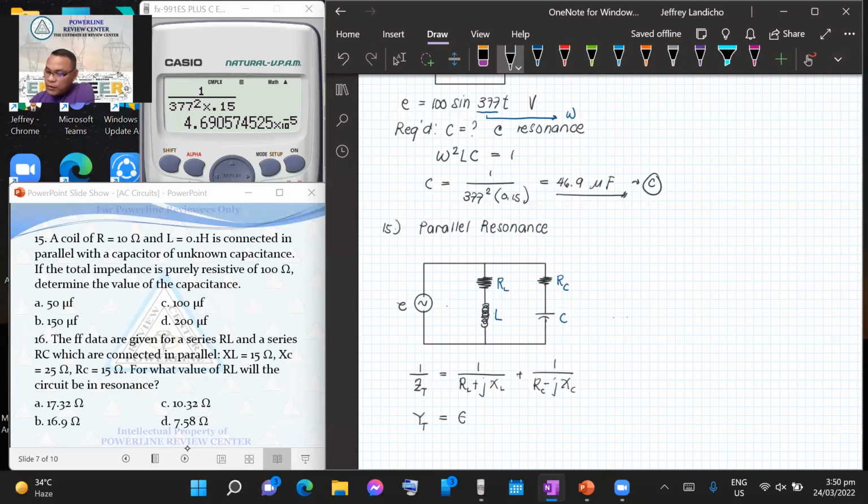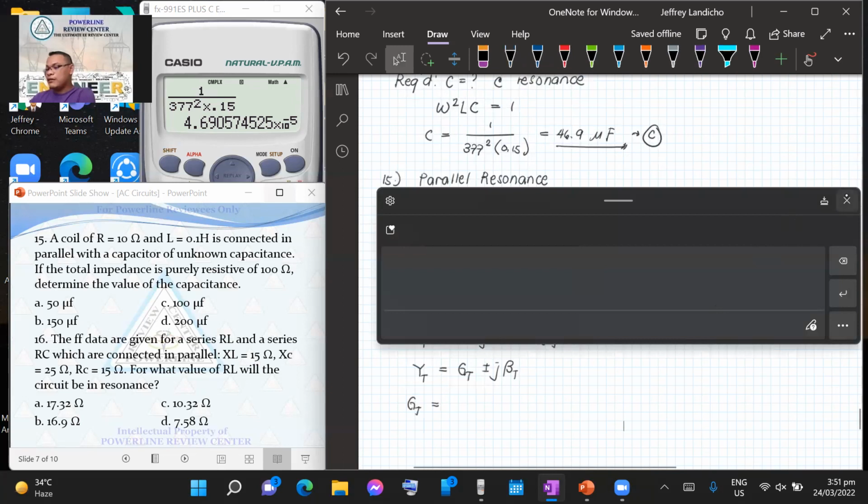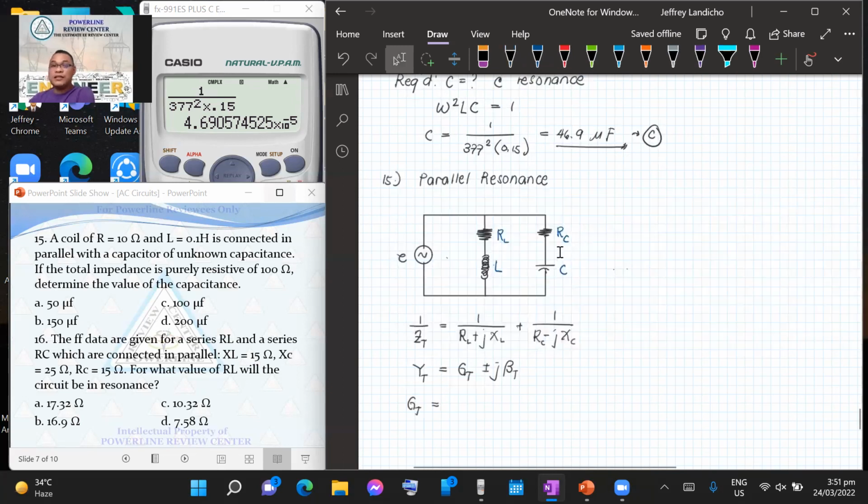So, in this case, admittance, alam natin, yung real component is the conductance at yung kanyang imaginary component is the susceptance. So, binigay na natin kanina yung formula ng ating conductance. So, lumalabas, the total conductance in this case is the conductance of your RL circuit and the conductance of your RC circuit.